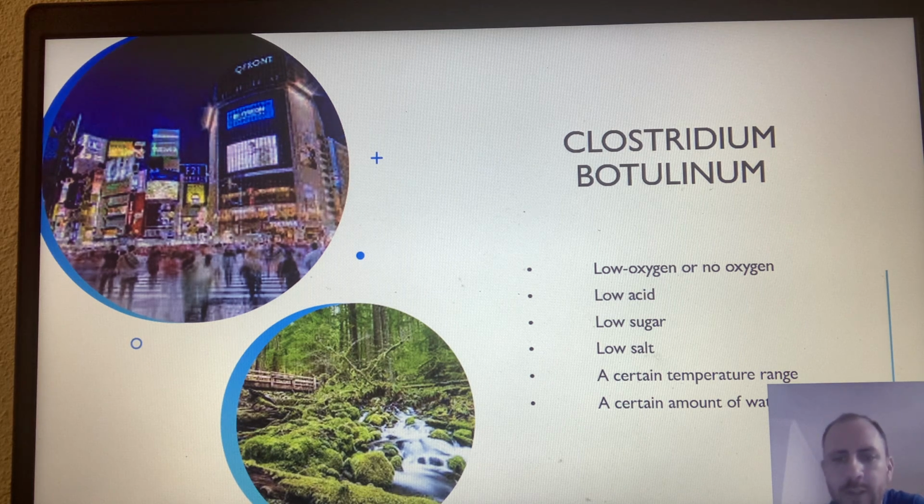Given all these factors into play, that would increase the chances of the spores turning into a neurotoxin.